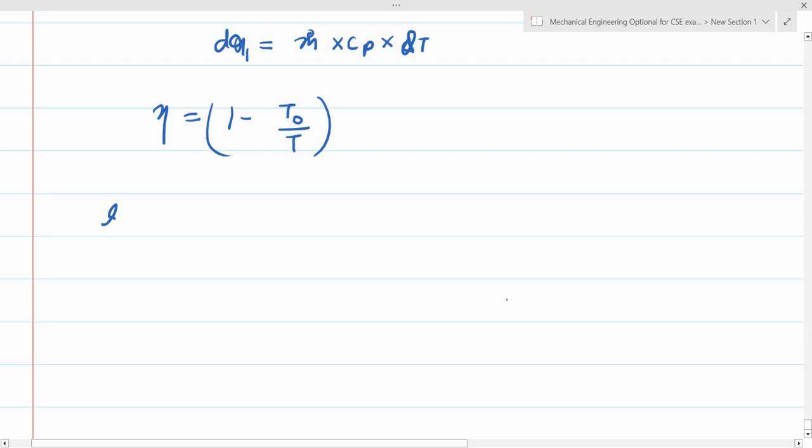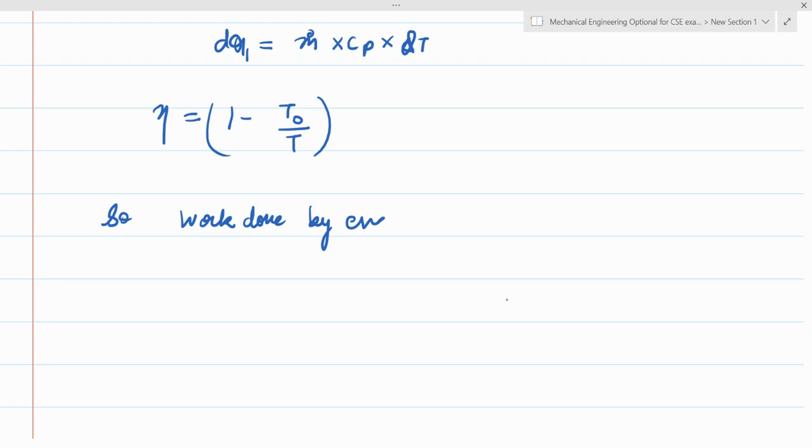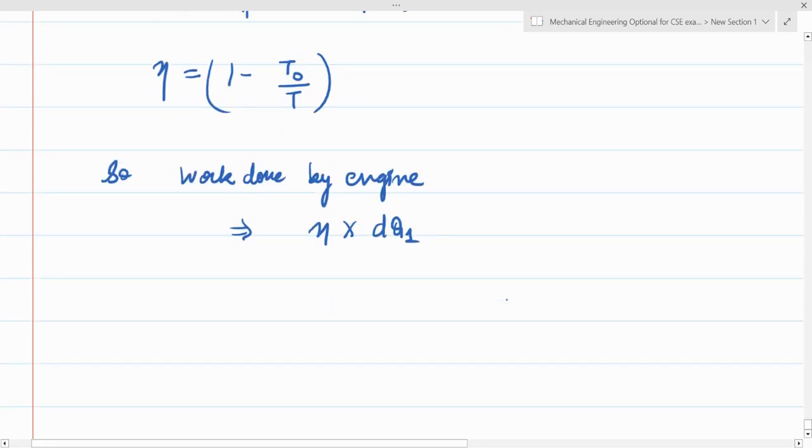So work done by the engine is given as efficiency into the heat extracted from the source.